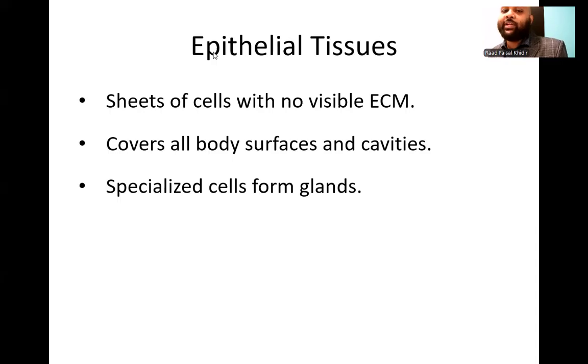This epithelial tissue is the type of tissue that forms the glands. If you have the endocrine glands, the hypothalamus, the ovaries, the testes, these are all glands made up of what kind of tissue? Connective tissue, muscular tissue, nervous tissue, or epithelial tissue? That's the type of tissue that is making your glands. That's the type of tissue that is lining your skin and your cavities from inside.